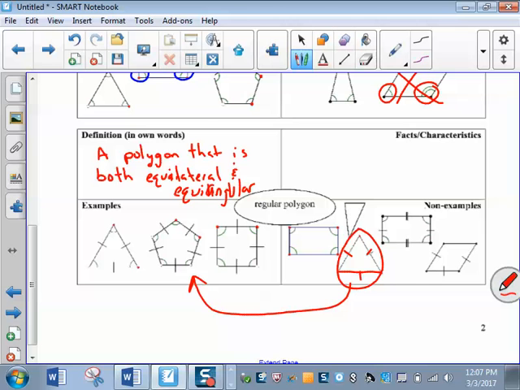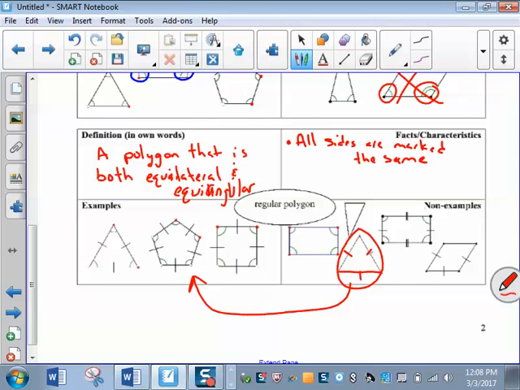If I mark the angles congruent, then you know the sides are congruent. If I mark the sides congruent, you know the angles are congruent. That's true for a triangle, but it's not true for any other shape, any other polygon. So, again, you look to make sure that all sides are marked the same. Right?